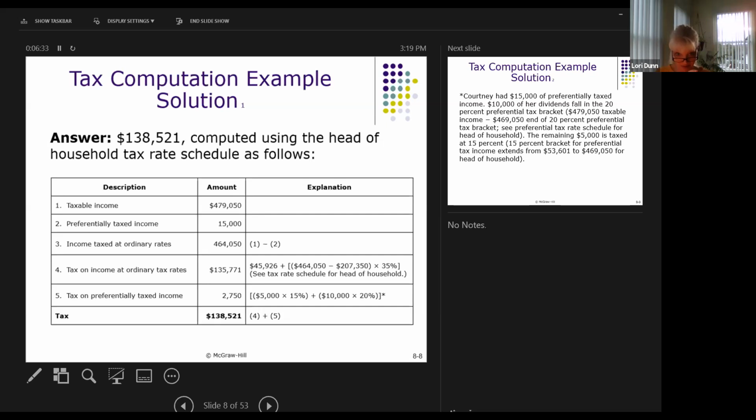So an additional $5,000 of taxable income gets her to the $469,050, the last dollar that could be taxed at 15%.